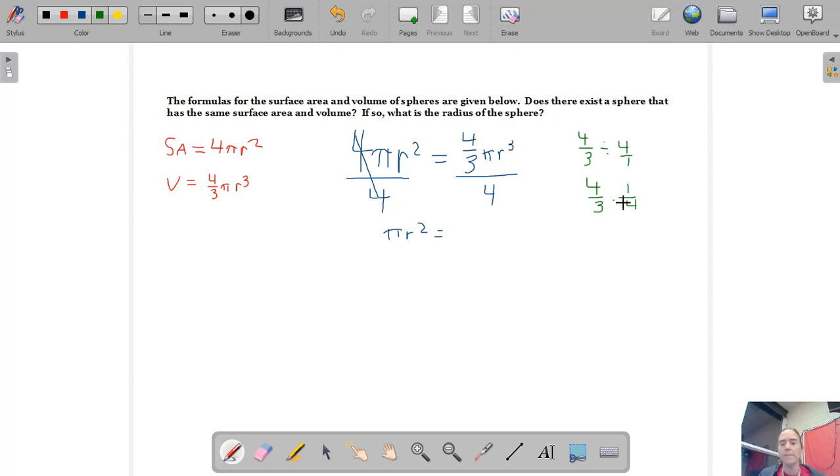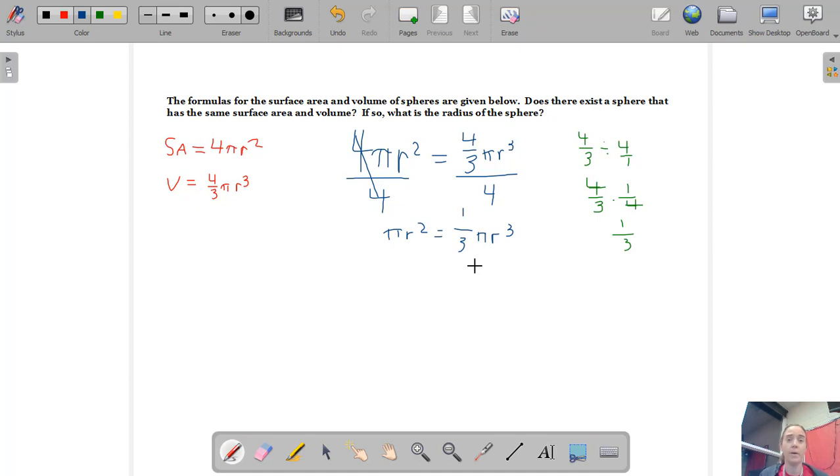That's totally fine. So this is going to equal 1/3. So I'm going to have 1/3 pi r cubed.